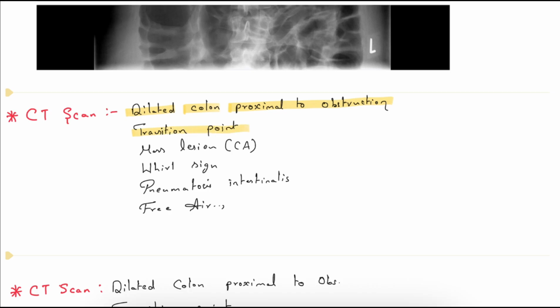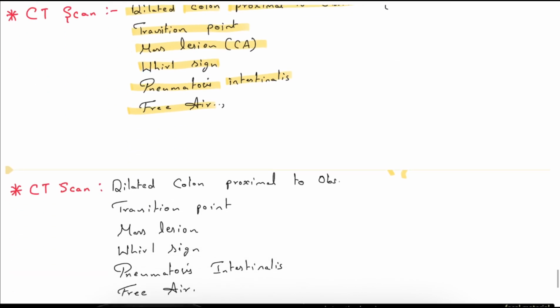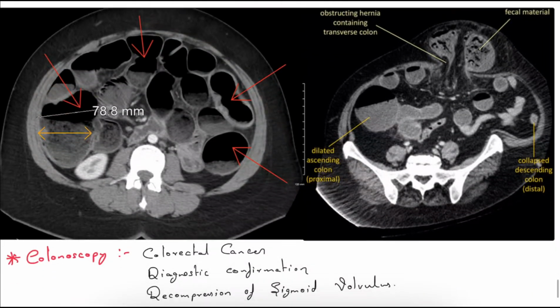Then we can see transition points, mass lesions in cancers, and whirl sign we can see mostly because of volvulus, and pneumatosis intestinalis if the patient has ischemia. Next we can see free air if you are suspecting perforation. Okay, so next you can see here CT is mandatory in all suspected malignant large bowel obstruction.